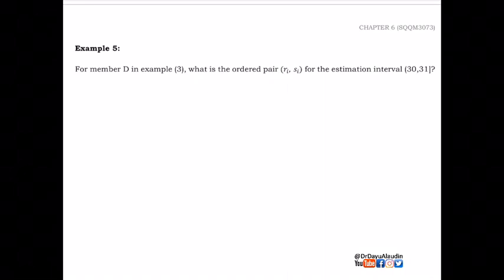Okay, let's do example 5. So member D, in example 3, you have to determine the ordered pair for the interval estimate 30 to 31. So member D, remember, the YI and the ZI are 26 and 30.47.